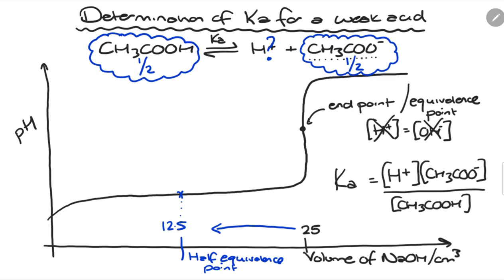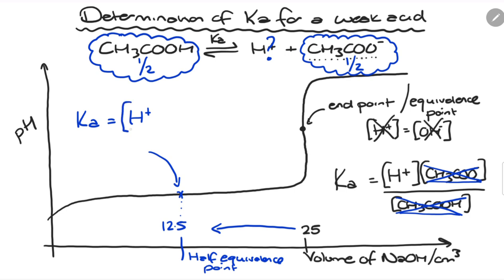And if Ka is defined by this equation, and we have the very precise point whereby the ethanoate ion concentration equals the ethanoic acid concentration, if they are both the same, they will effectively cancel each other out in that equation. That then means that at this precise point, we have an equilibrium constant which has now been simplified to Ka equals H plus.